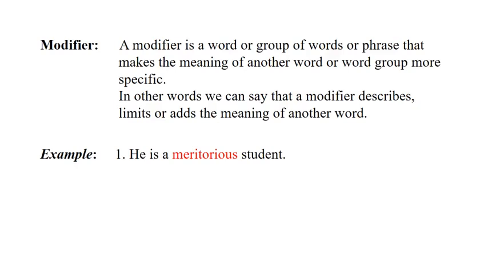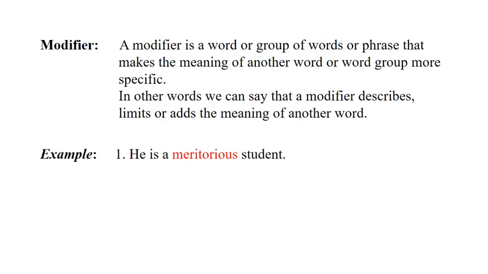It modifies. As I have told you, there are two types of modifiers according to their position. One is pre-modifier and the other is post-modifier. A pre-modifier comes before the word it modifies, and a post-modifier comes after the word it modifies. I have two examples for you. One is, he is a meritorious student.